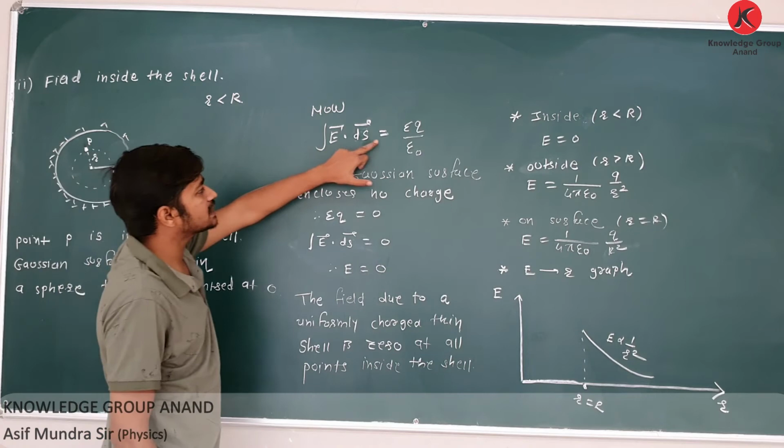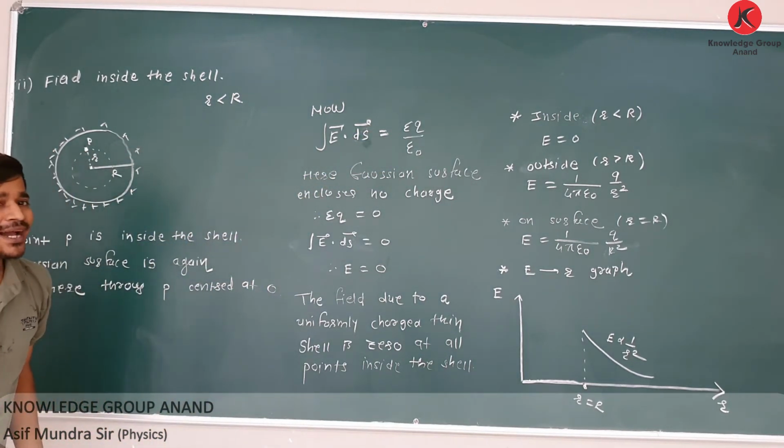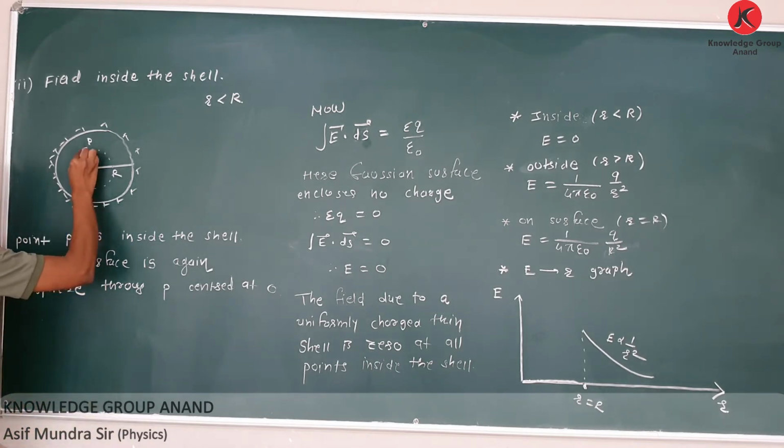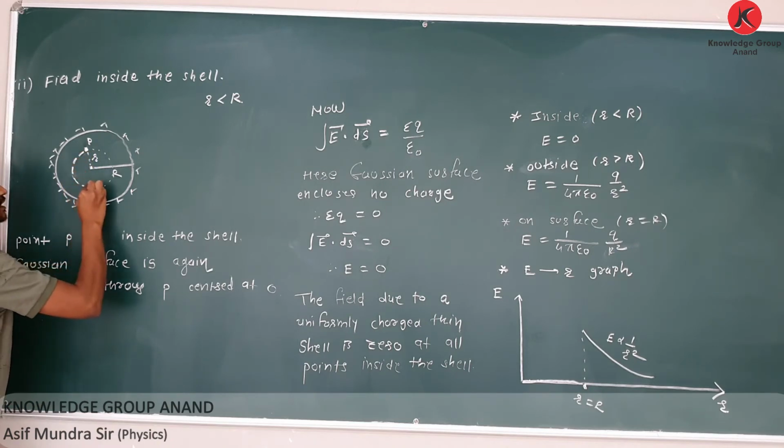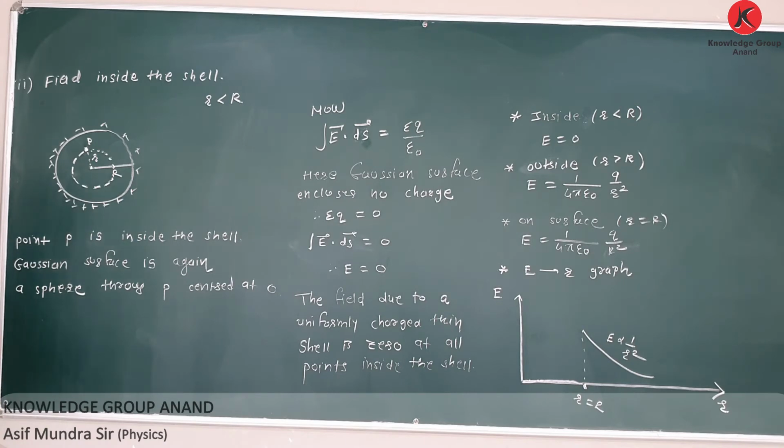Now we will follow our method. Integration E dot dS is equal to sigma Q upon epsilon 0. What is sigma Q? Sigma Q is the charge enclosed by the Gaussian surface. And charge is distributed on the surface of the shell.